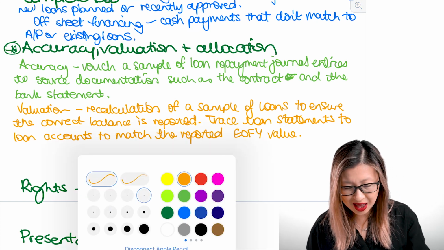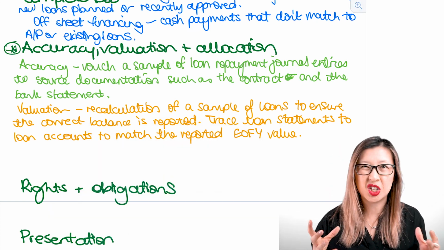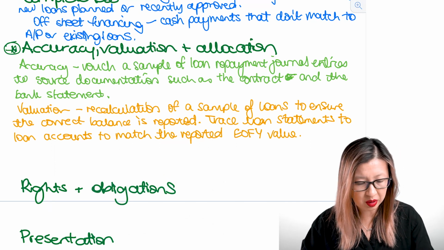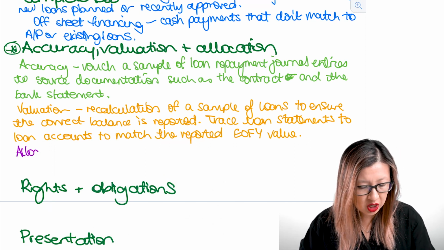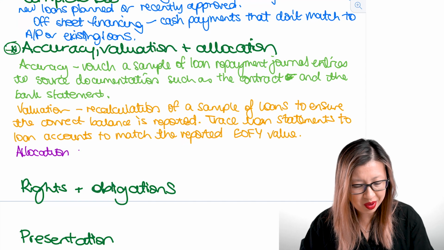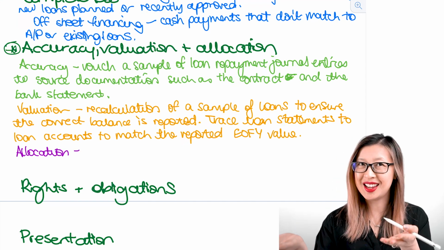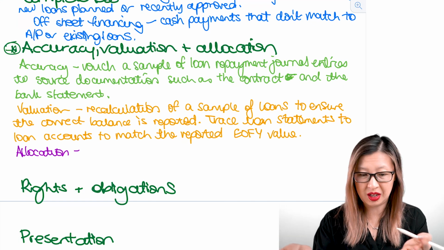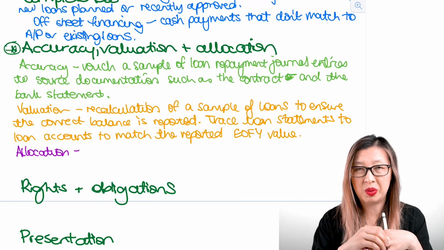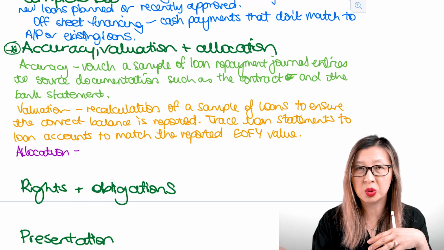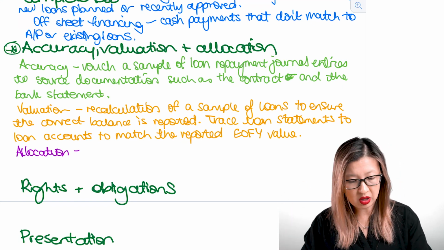And then when it comes to allocation, remember allocation is about, is it a current or non-current liability? So with loans, remember the part that they're going to pay in the next 12 months, that's technically a current liability. And the rest that they're going to be paying later, after 12 months, is going to be a non-current liability.